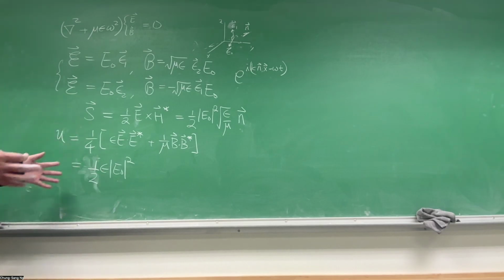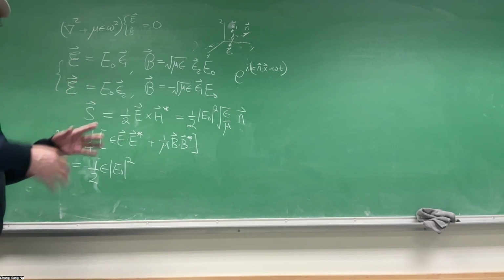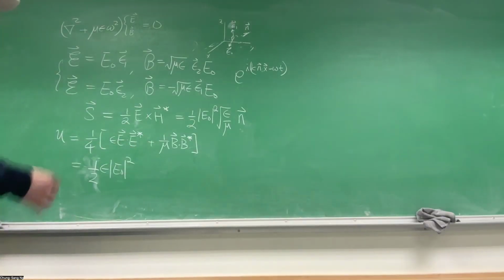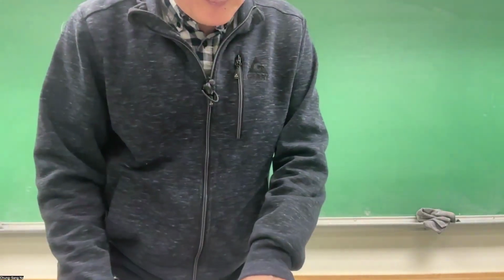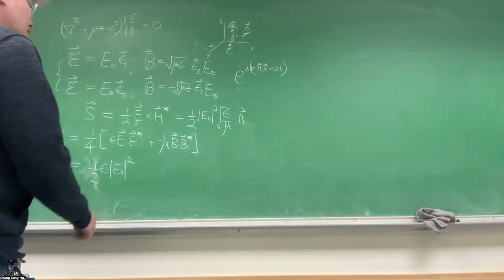So the physics is, as the wave propagates, the electric field changes the magnetic field, the magnetic field changes the electric field, and they are of equal amount. On average, they are of equal amount. Okay, and that is straightforward.